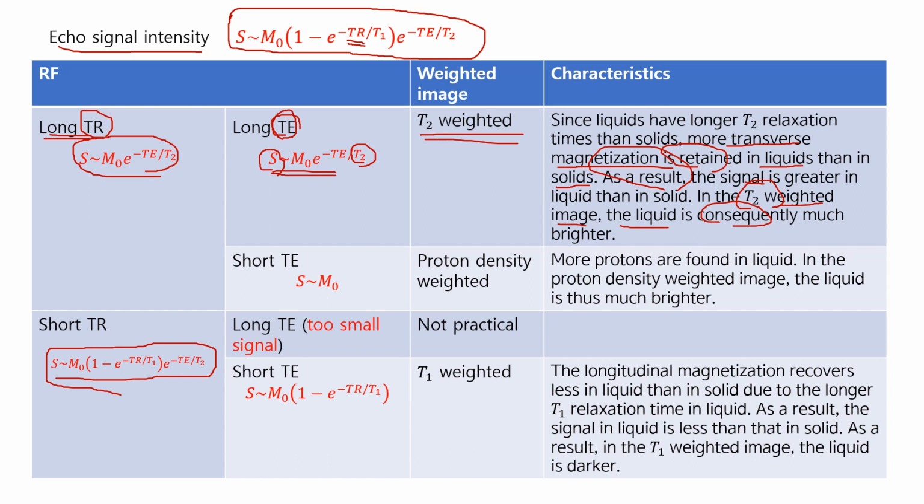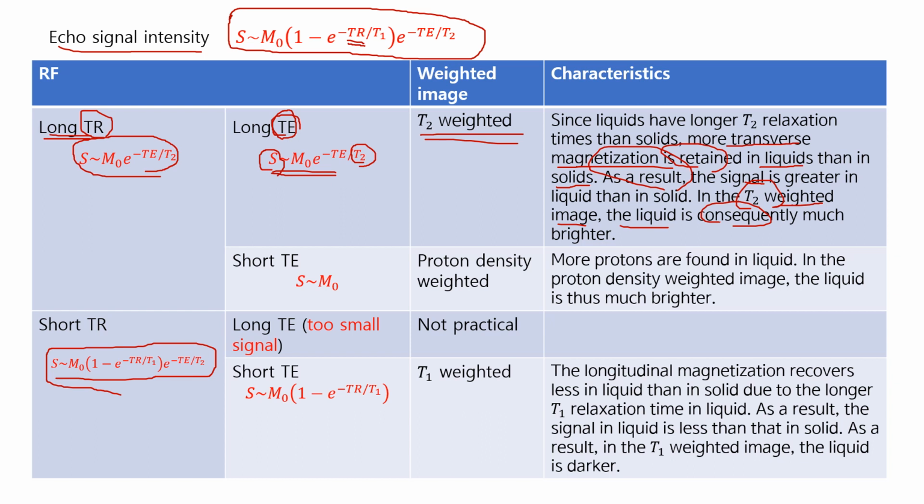Once more, liquid has longer T2 relaxation time than solids. That means more transverse magnetization remains in liquid than in solid. So transverse magnetization gives the signal, the echo signal.